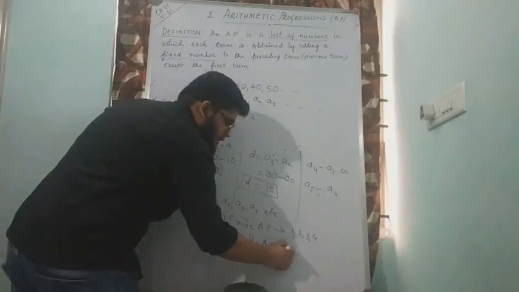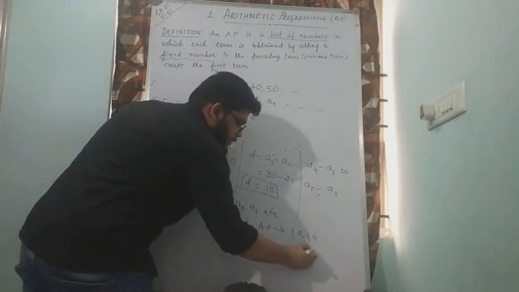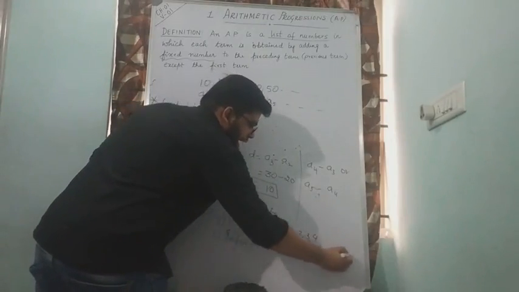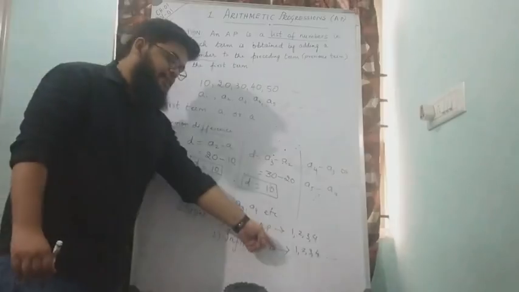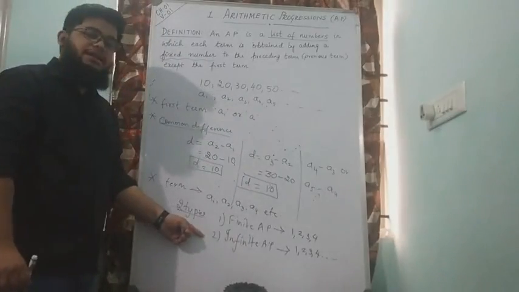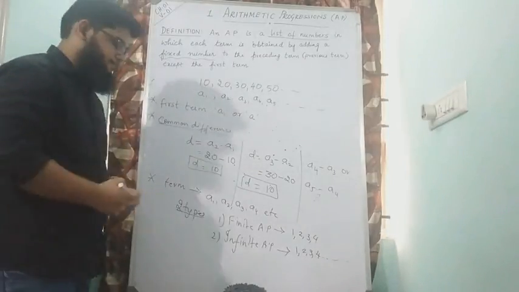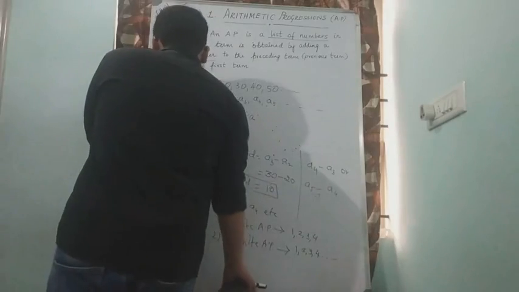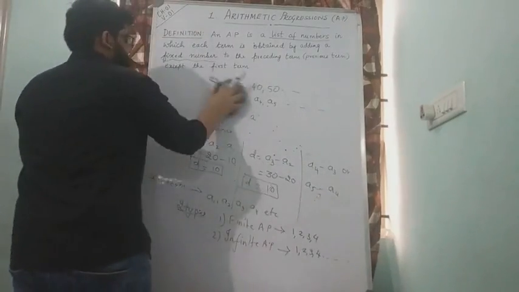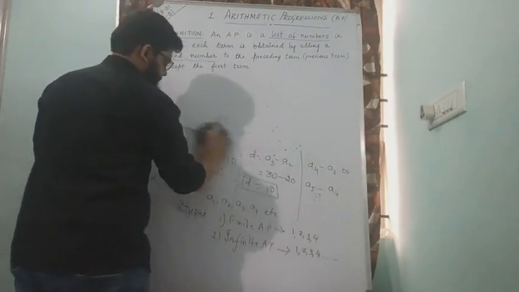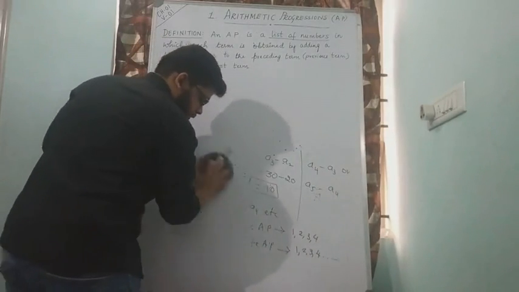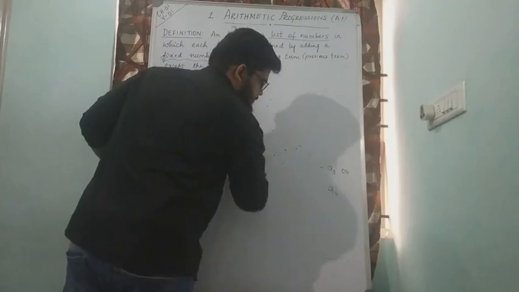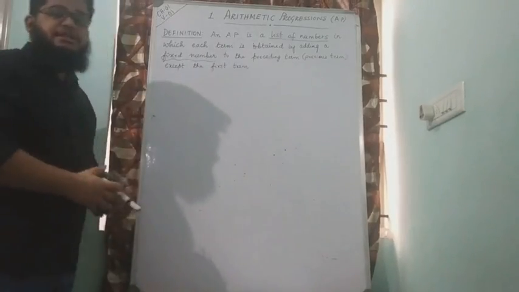For an infinite AP, I'll write 1, 2, 3, 4, and it goes on, and I don't know how many terms are there, therefore it will be called an infinite AP. I hope the definition is clear to everyone.